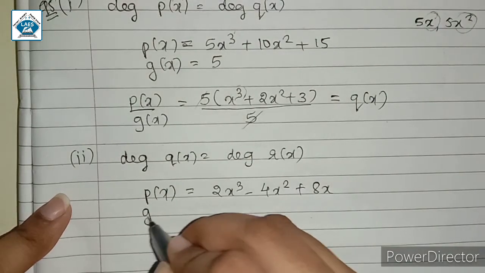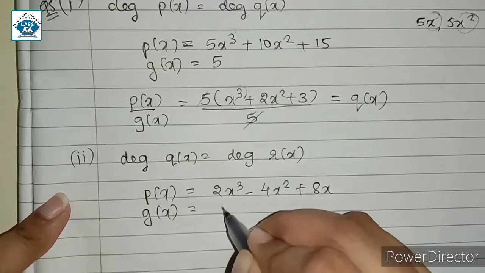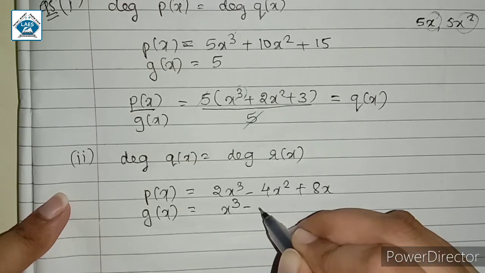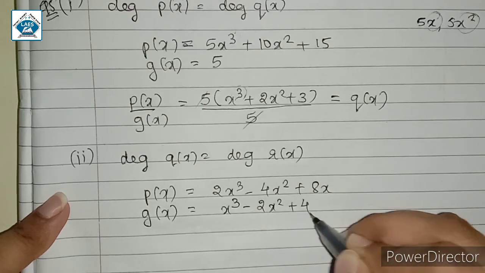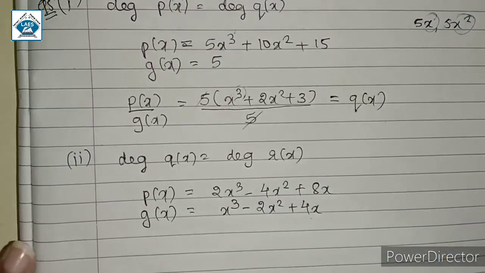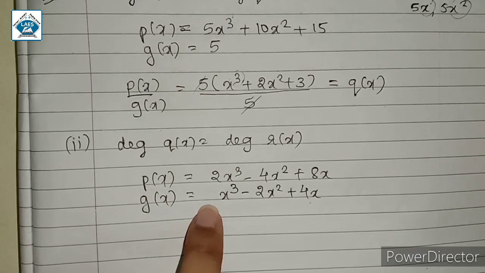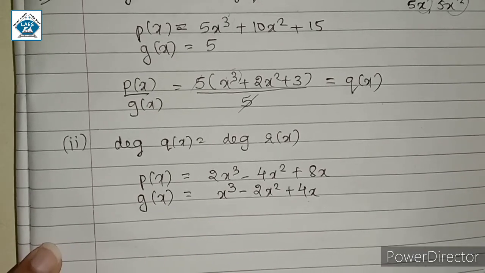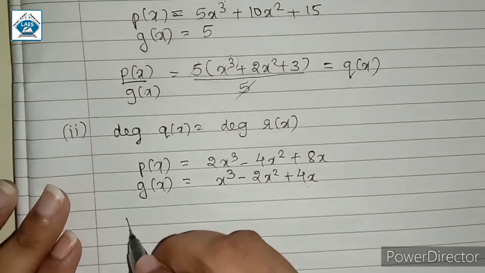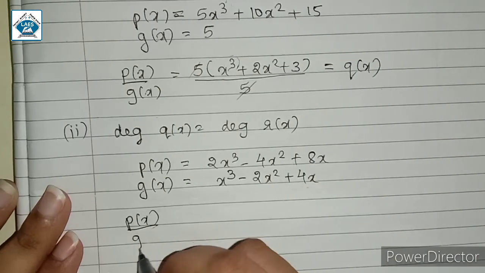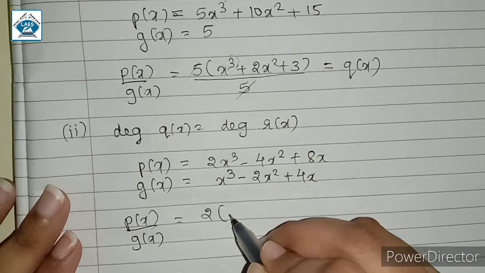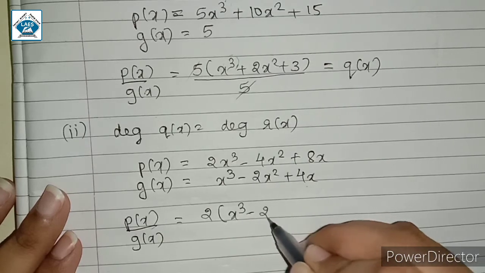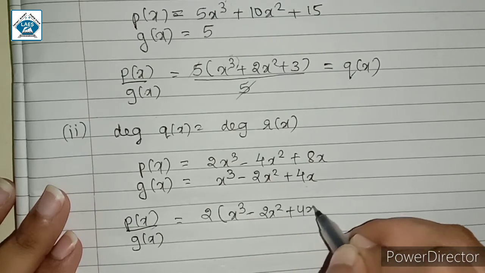So accordingly you should think and take g(x). So here I am taking g(x) is equal to x cube minus 2x square plus 4x. I have taken the divisor as x cube minus 2x square plus 4x. So when I divide p(x) with g(x), I can take 2 common in p(x), then what I am left with is the divisor.